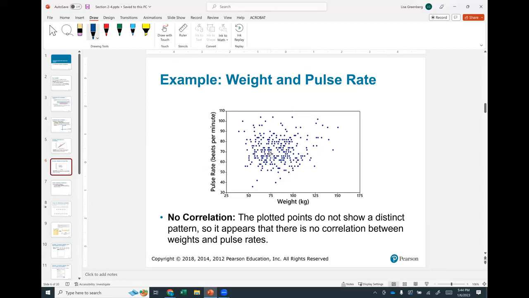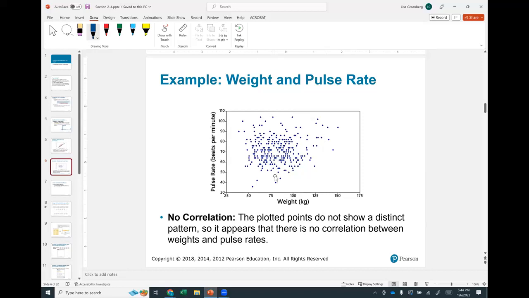Now we're going to look at another one. This one is weight and pulse rate. So we have weight on the x-axis and pulse rate on the y-axis. And if I pick a point, as my weight goes up, does my pulse rate go up?